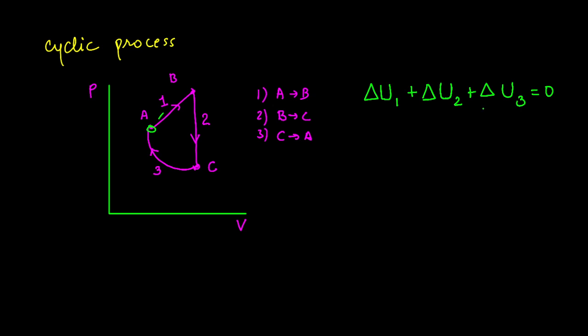Yes or no? Is this clear? Why? Because we are coming back to the same point. If we come back to the same point, then internal energy should not change. Is this clear or not clear? Because internal energy is a state function.